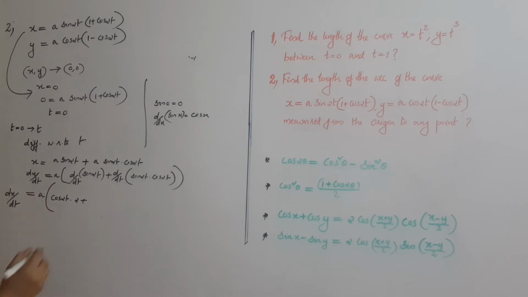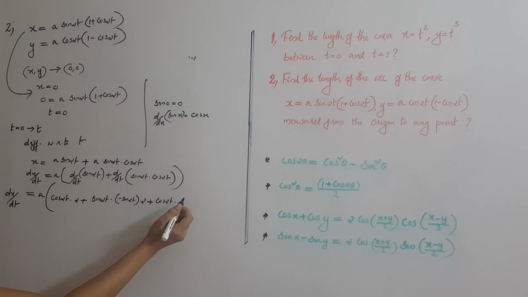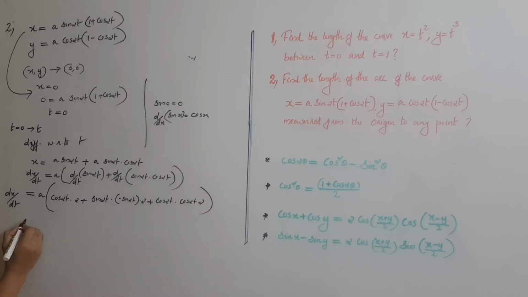So apply product rule, then we get first function into derivative of second function, that is d by dt of cos 2t minus sin 2t into 2, plus second function into derivative of first function, cos 2t into derivative of sin 2t is cos 2t into 2, is equal to 2 is common, take it outside, 2a into cos 2t minus sin 2t into sin 2t, that is sin square 2t, plus cos 2t into cos 2t, that is cos square 2t.